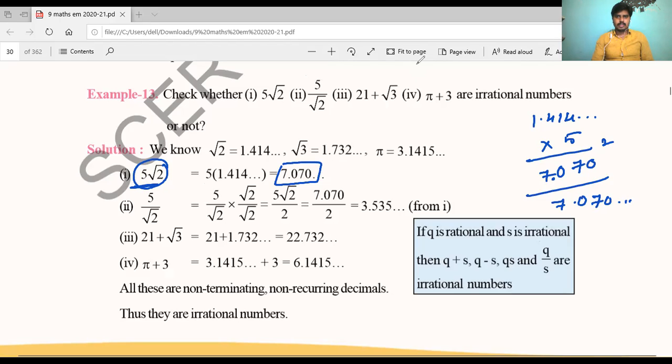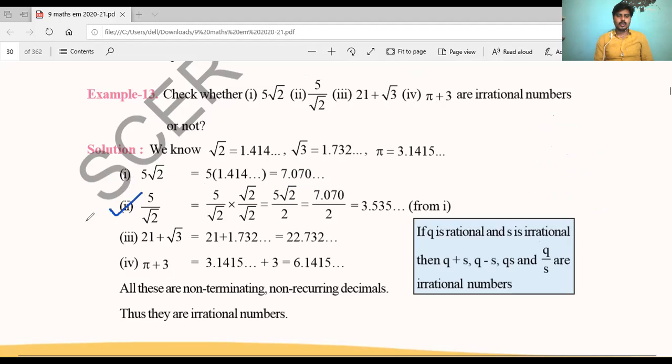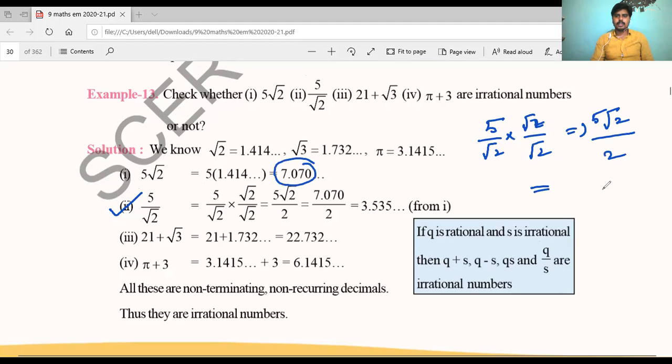Coming to the third one, 5 by root 2. Multiplying and dividing with root 2, that becomes 5 root 2 by 2. Already we have the 5 root 2 value, 7.070 so on, and dividing by 2 we get 3.535 so on.